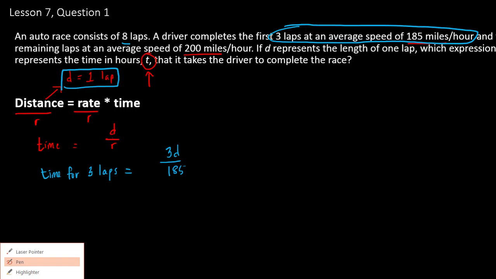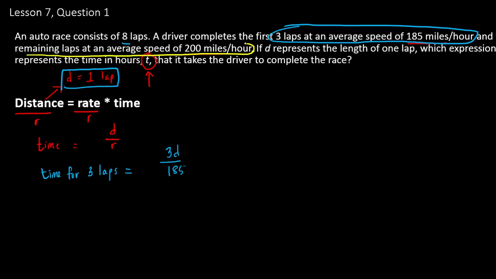Next, I would consider the time it took for the other 5 laps. So it says the remaining laps were taken at an average speed of 200 miles per hour. So if I wanted to calculate the time for the 5 remaining laps, my numerator would be 5D, because D equals 1 lap, so 5D equals 5 laps, divided by 200, which is my rate.